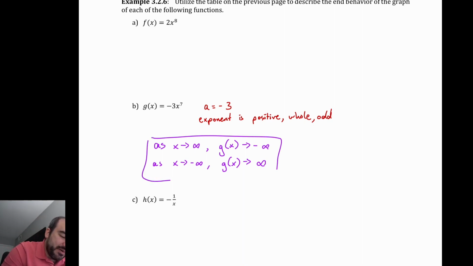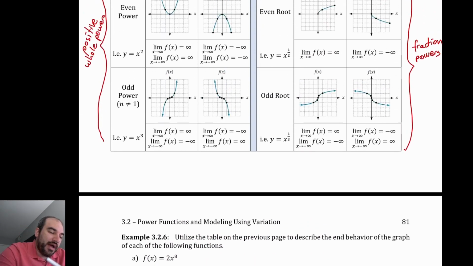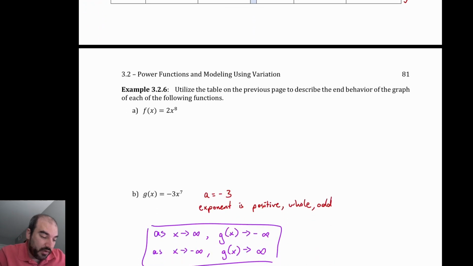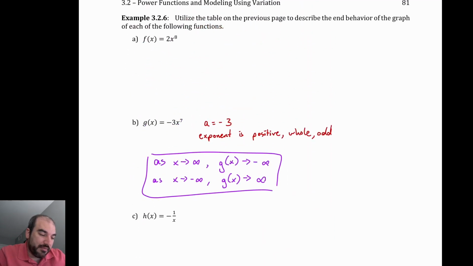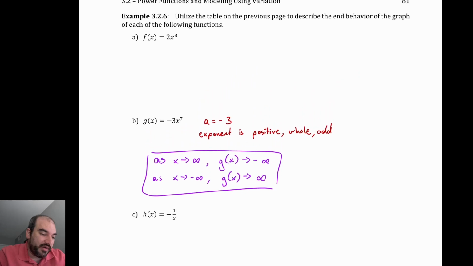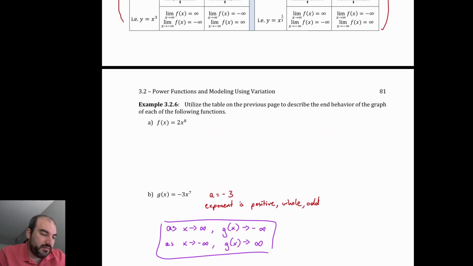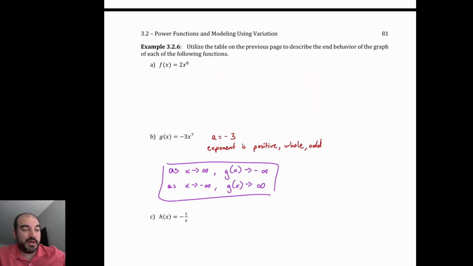But that's the end behavior that we're describing. Meaning, if we go right along this graph, we're going down forever. If we go left along this graph, then we're going up forever. Right? So you're going to do that for those examples that ask for end behavior. Any questions on that?